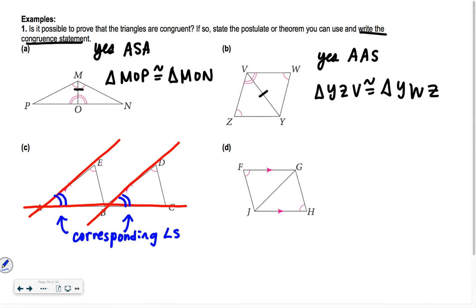So then do we have something? Well, yeah, we had this 1 marking here and the 1 marking there. So we have yes by angle, side, angle. And so we can say triangle something is congruent to triangle something. So if I do EAB, I would say DBC there. Does that make sense?